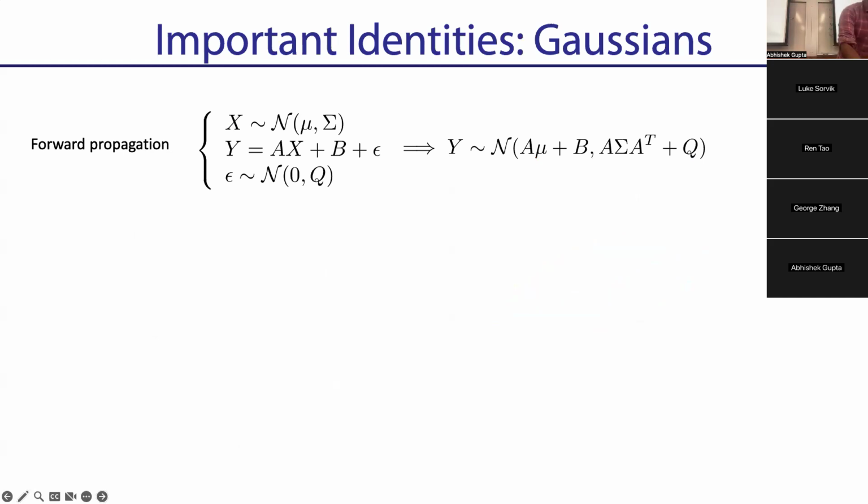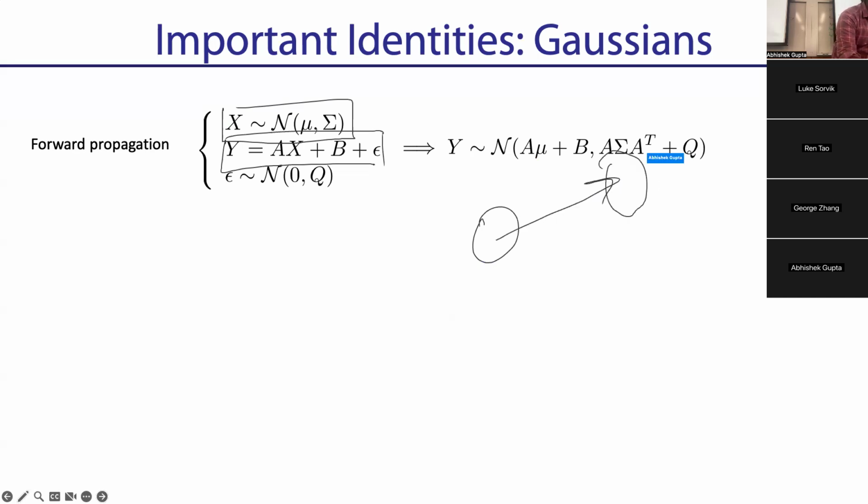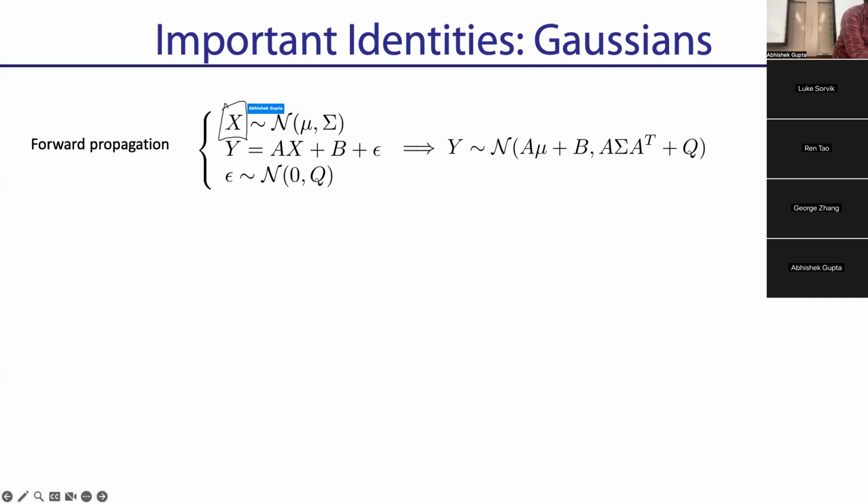The first identity says that if you have some random variable x, which is a Gaussian, and you have y, which is a linear function of x plus some Gaussian noise epsilon, which is zero-centered with variance Q. So x is your original random variable, y is something that moves it by Ax plus b, and then adds some extra noise.